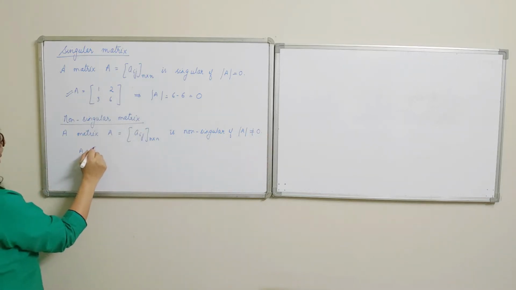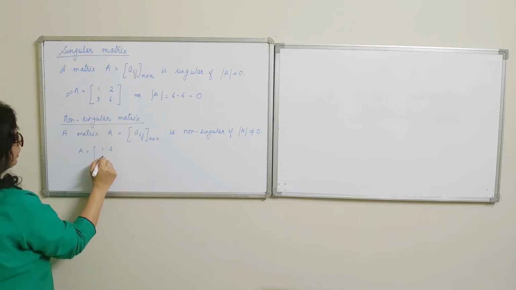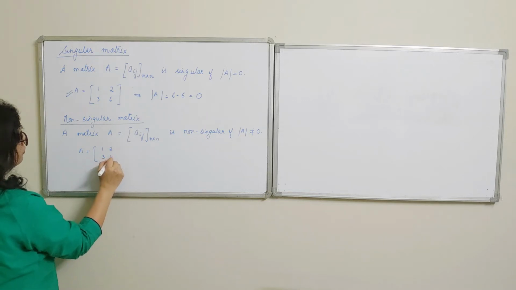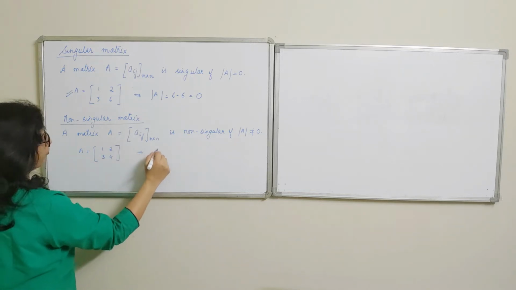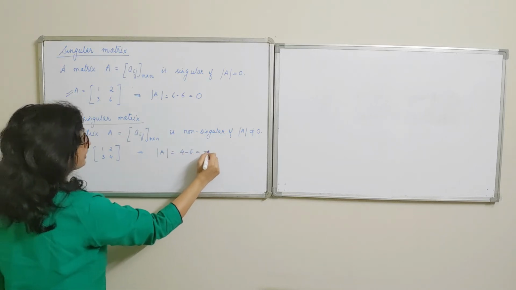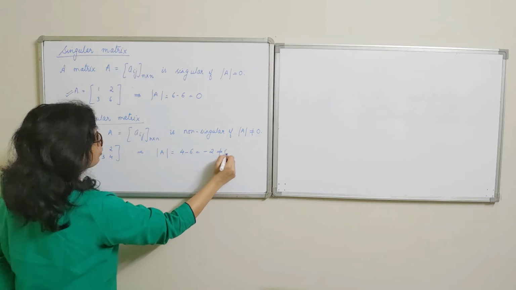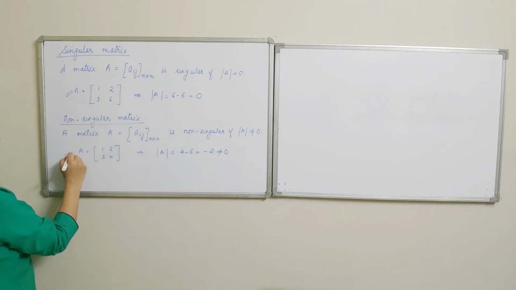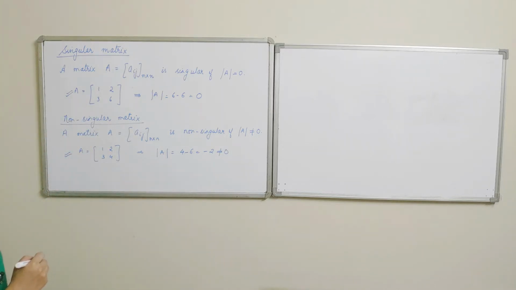Let's take an example. We have this matrix, and on finding the determinant, we see it is 4 minus 6, which is minus 2, not equal to 0. Hence, this is a non-singular matrix.